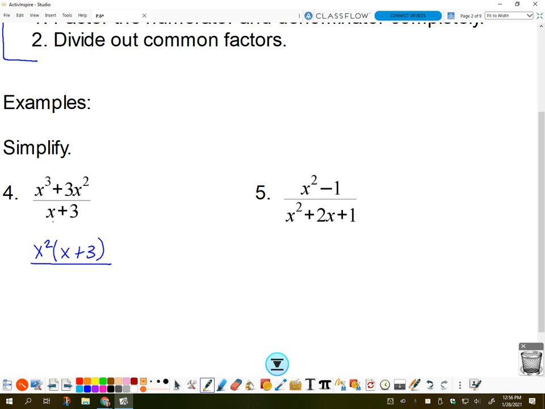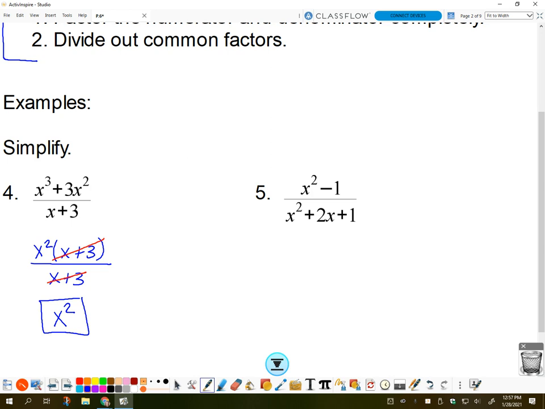The denominator, this x plus 3, that's not going to factor, but we can take the entire denominator and divide off that numerator factor that matches it. So this and this divide to equal 1, and we just have x squared as the simplified form.